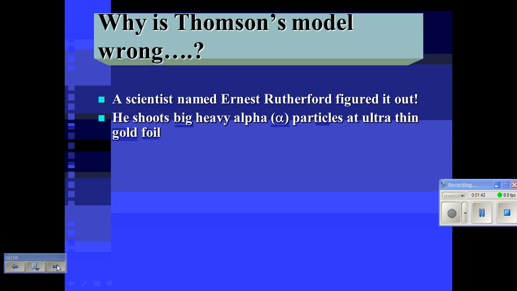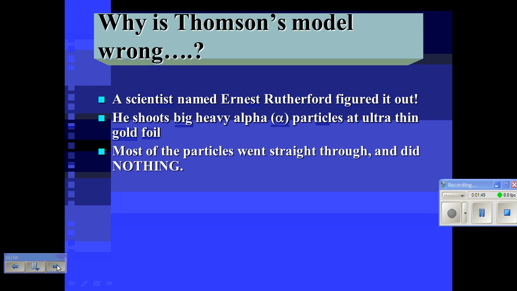What actually happened when he shot the alpha particles at the gold foil, the majority of them went straight through and did nothing. So that in itself changes the model that Thomson had. Thomson's model of it being this solid pudding-like matter could not be correct. It had to basically be empty space.